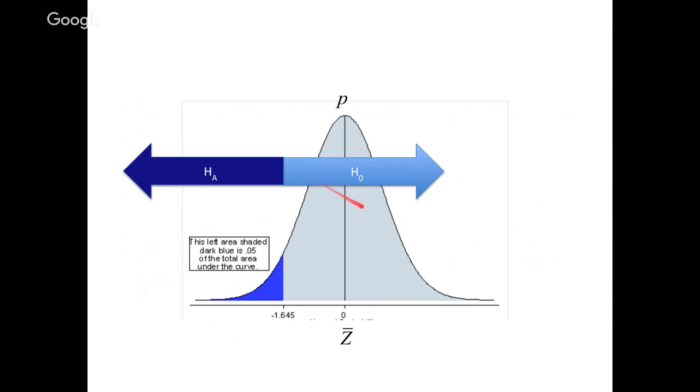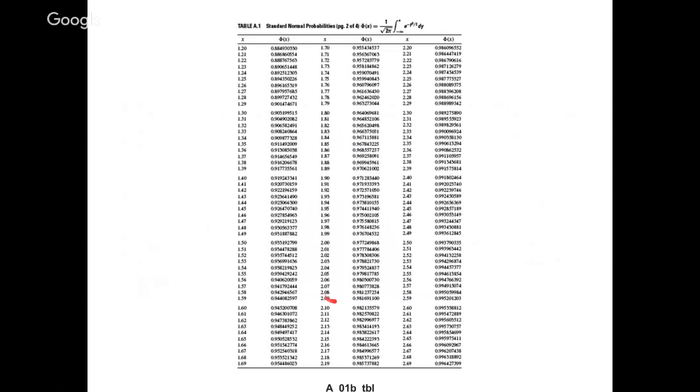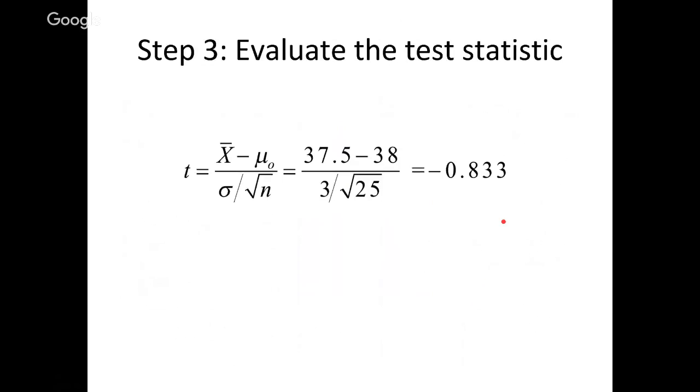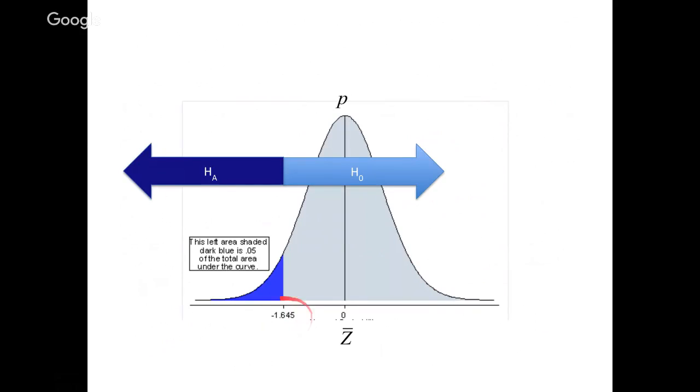If we come back to this original statement, the null hypothesis is that the mean strength of the rebar is greater than 38. The alternative is that it's less. So if we come to this plot here, that translates, with a 5% probability of a type 1 error, to the Z-score being greater than minus 1.645.